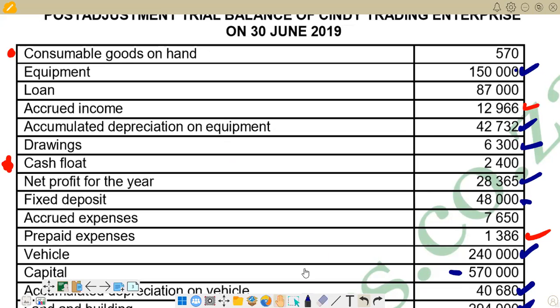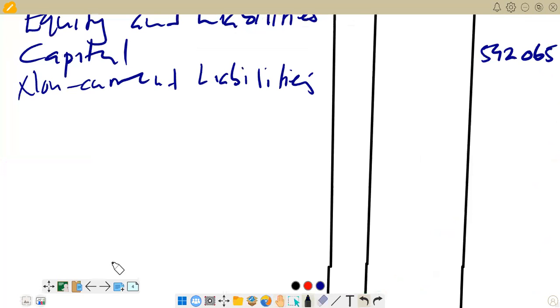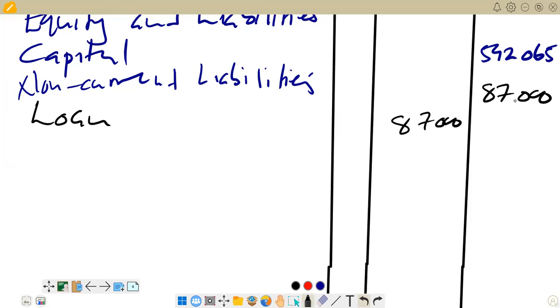So this is going to represent our non-current liability here. So we go there and put that figure, 87,000. We only have that one as our non-current liability, so it's going to come as the total here also, 87,000.